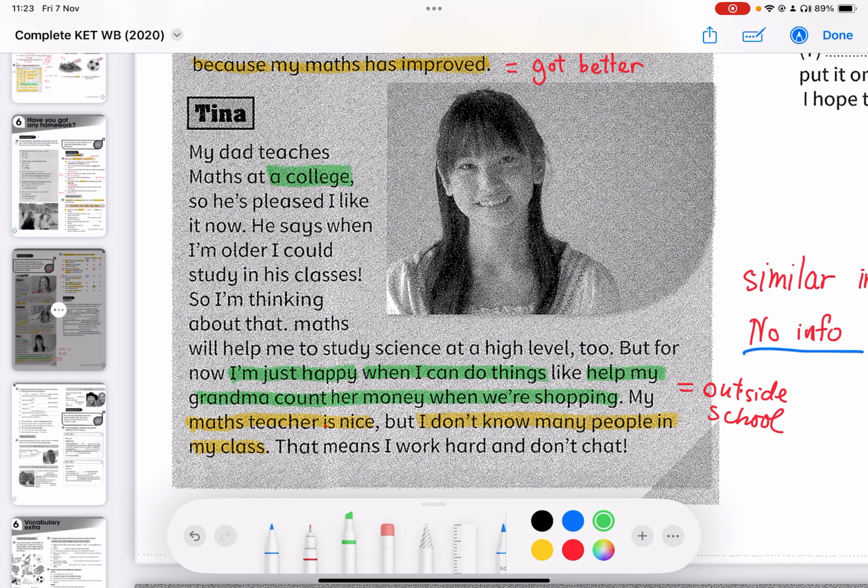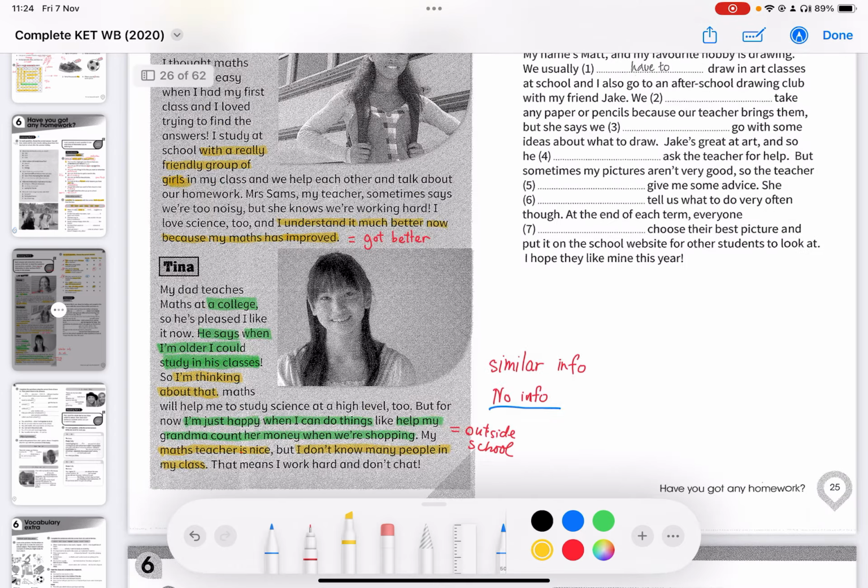And he says, when I'm older, I could study in his classes. Và bố nói rằng khi mà tôi lớn lên thì tôi có thể học ở trong lớp học của bố, tức là học toán ở trường đại học. But the most important thing is, so I'm thinking about that. Và vì bố nói thế cho nên là tớ đang suy nghĩ về việc có học toán sau khi tốt nghiệp cấp 3 hay không, và có học toán sau khi học ở trường đại học hay không. So that is number 5.